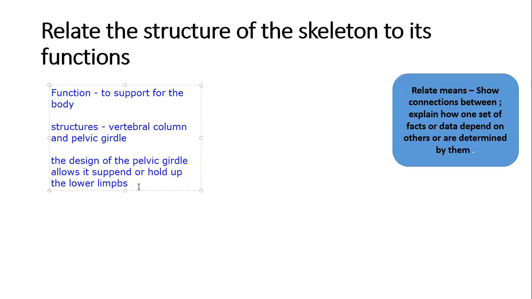All right, so we're looking at another function now, protection. So the rib cage does what now? Supports breathing and protects the lungs and the heart. And the skull protects the brain. All right. So we have support breathing, and we have what now?